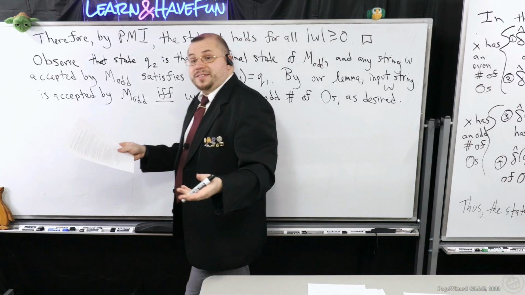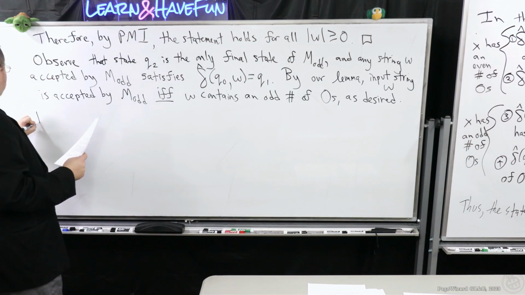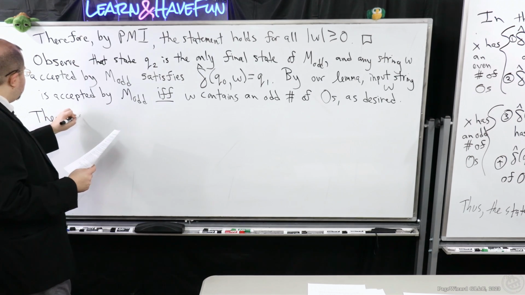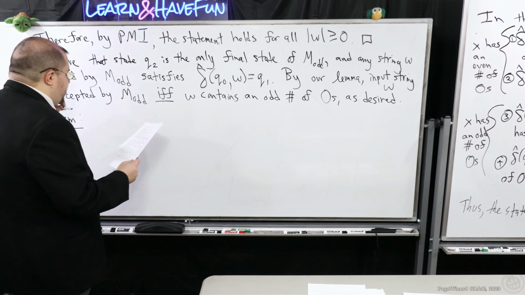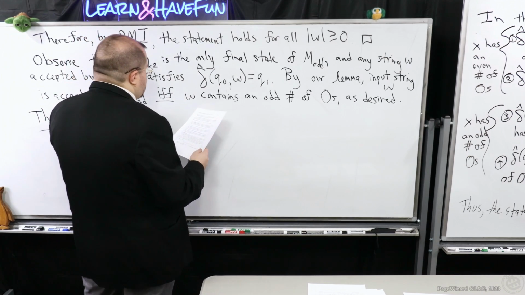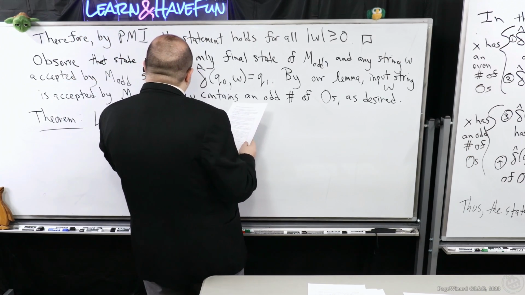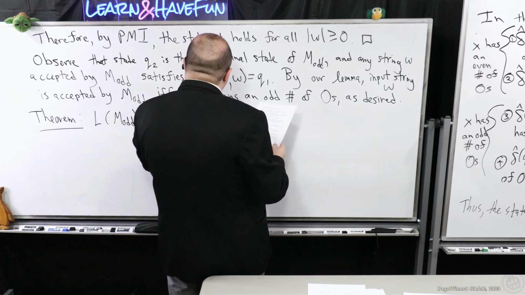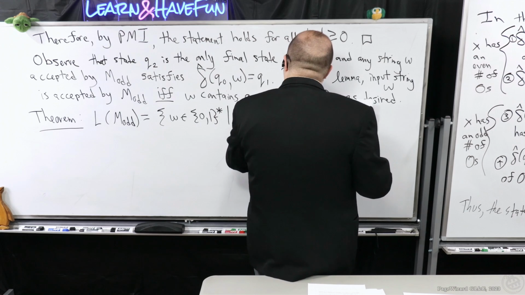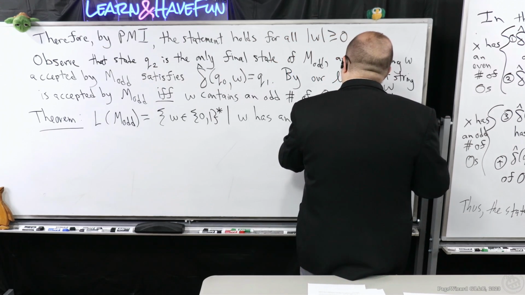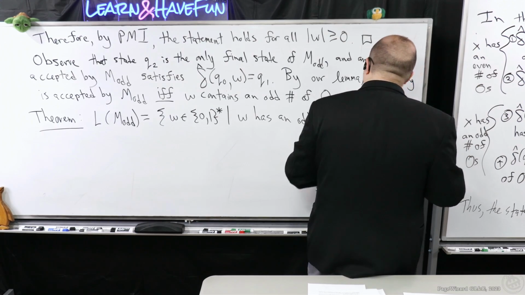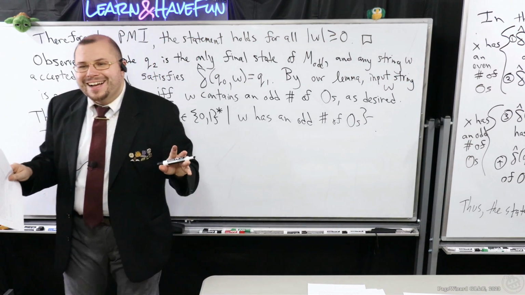So this brings us to this theorem. This reasoning is what gives us the correctness of our DFA. So the language of M odd is equal to the set of all binary strings W such that W has an odd number of zeros. Boom, there we go.